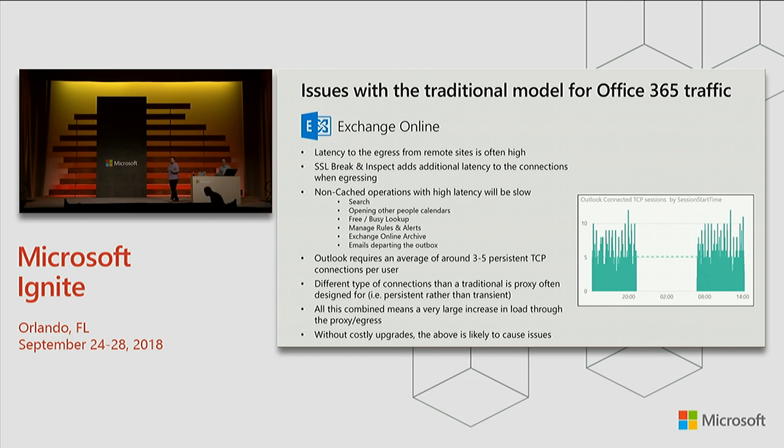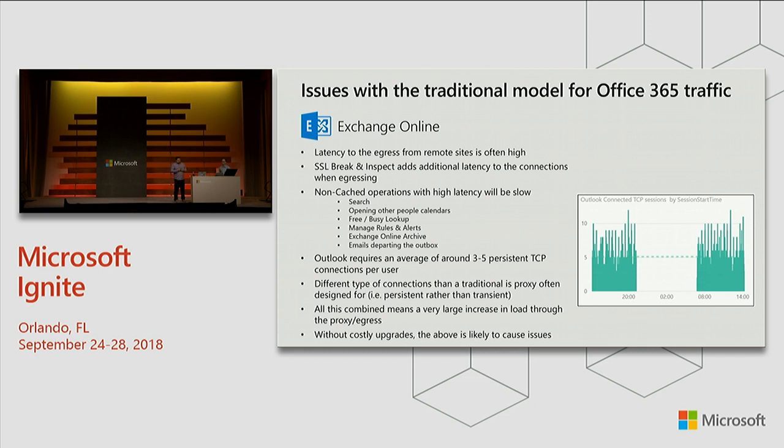One of the problems we see, if you think about that remote site that you just saw, is that latency to the egress can be high. Previously, this isn't a problem because the Exchange server we're talking to sits in the head office, so we've not got to go through that security stack and then out through the internet to the service. SSL break and inspect, when we have to go through that security stack, costs us latency as well while that function is performed.